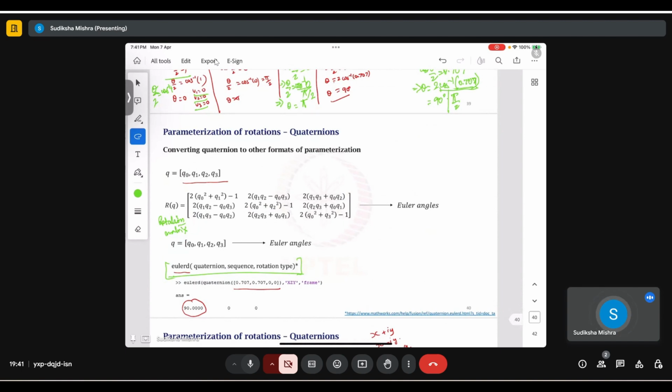Now, the quaternion can be converted into other forms of parameterization. It can be converted into Euler angles using this particular formula.